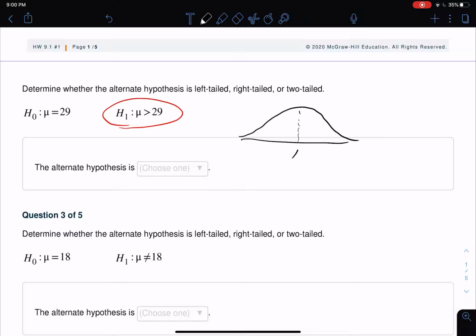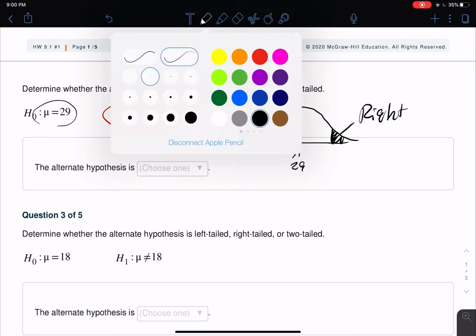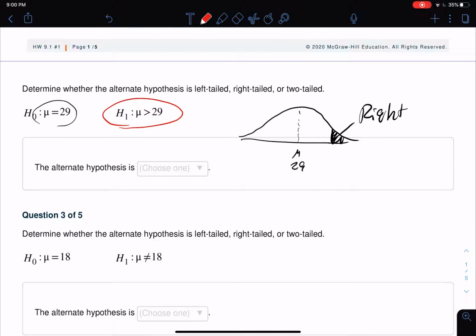There's my mu, which in this case is 29. By looking at data, we want to determine if it's greater than 29, and the only kind of test that's going to do that is to the right. So the answer is right-tailed. The alternate hypothesis is right-tailed.